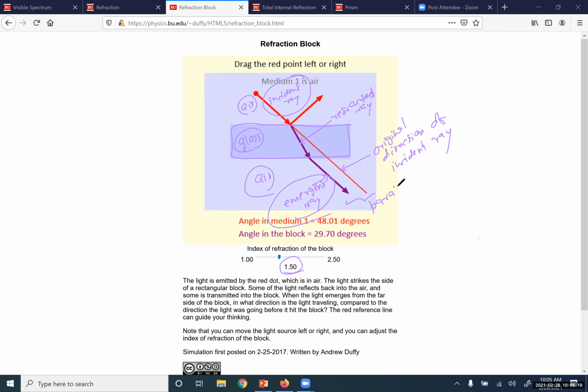In this scenario, we are assuming that the sides are parallel. This side is parallel to this side. Under that situation, these are always parallel. If you change the angle, if you change the refractive index, it will change accordingly. For example, I'm changing the refractive index. You can see, even though this is the case, the incident ray and emergent ray are parallel to each other.